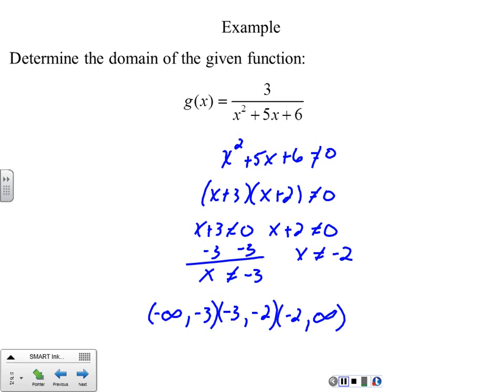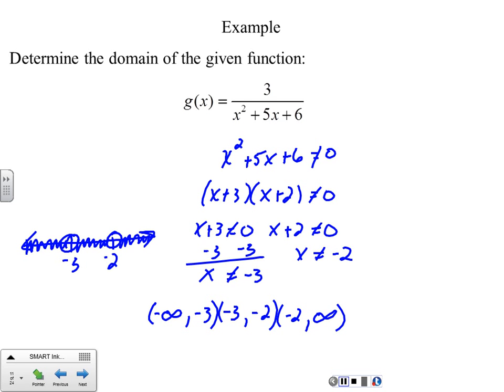So what in the world did I do? Well, if I was on a number line, every single number except negative 3 and negative 2 would work. And that's how you would write that. Do you remember how to do that? If they all would have been included, would you have the same symbol?